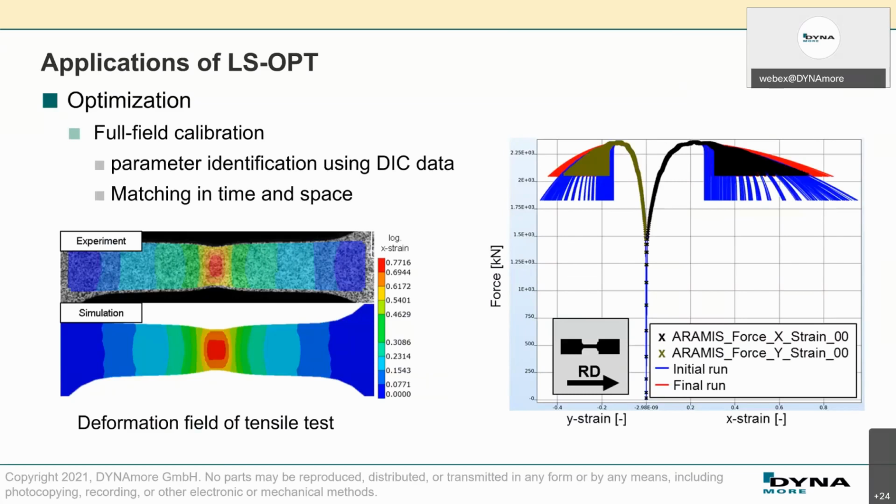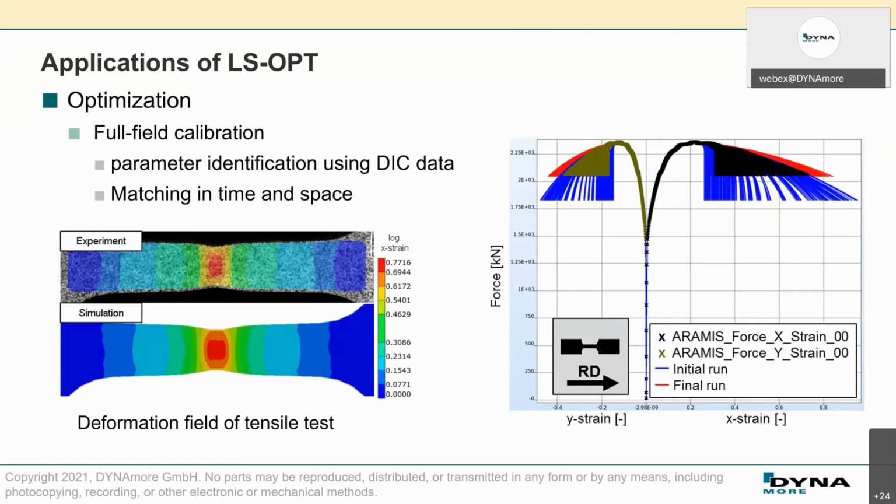So the idea is to use a deformation field, for example, or a strain field for comparison and match in time and space for the whole specimen, or at least a larger part of the specimen, like what you see here for the example of a tensile test.